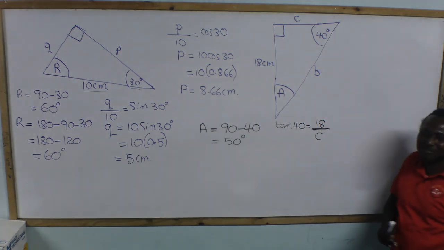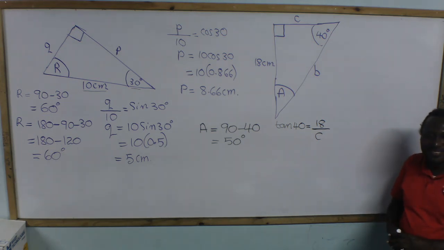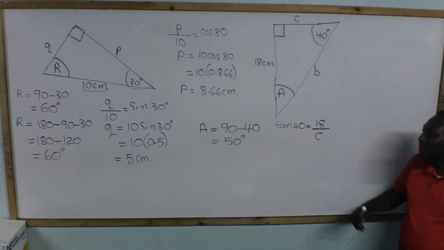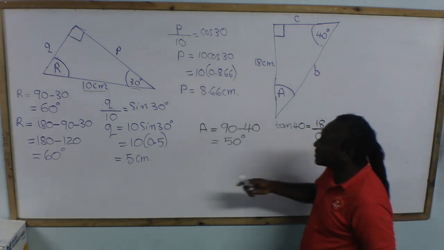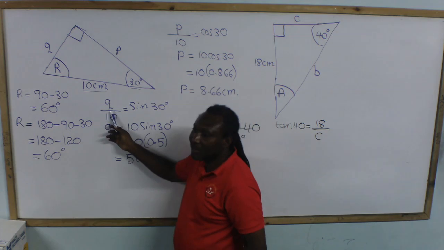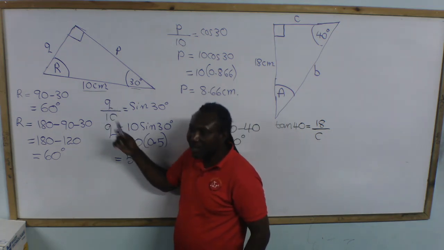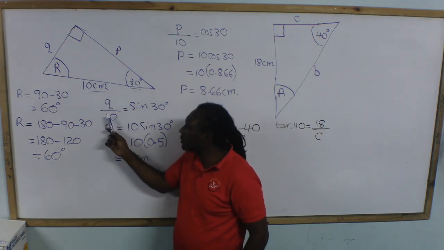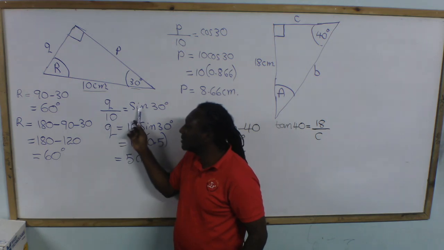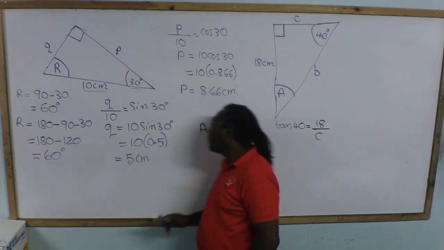Now students, this might be something that you probably don't want to store in your brain. But what I do is, look at this one. The unknown is in the numerator. When the unknown is in the numerator, I put it on the left hand side. So you just do this, one transposition, and you have right here.